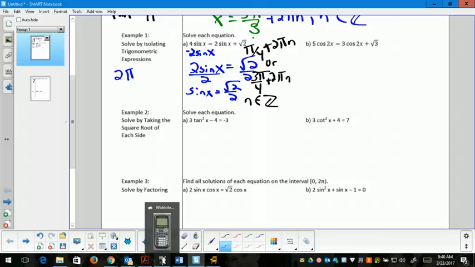Those are the angles in radians where sine is going to be square root of 2 over 2 for all possible revolutions in both a positive and negative direction.